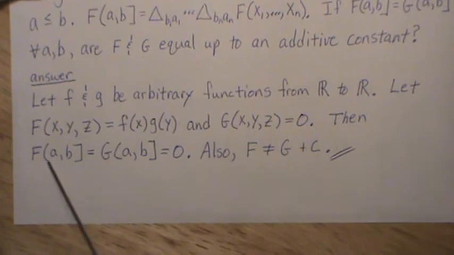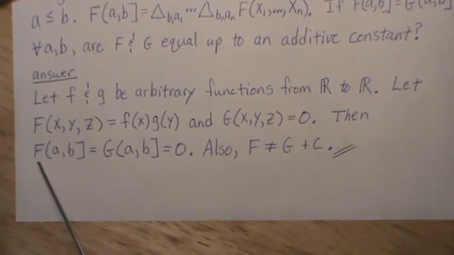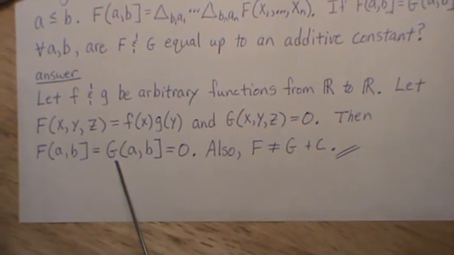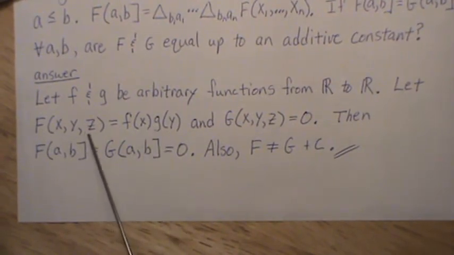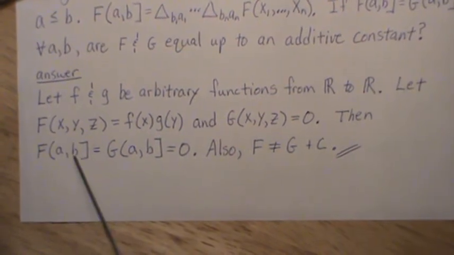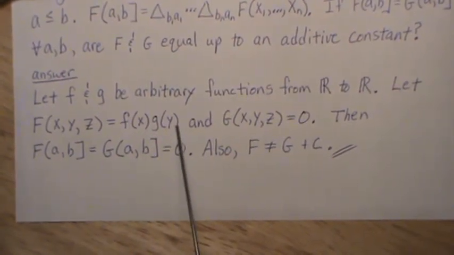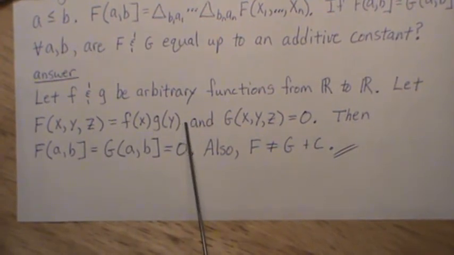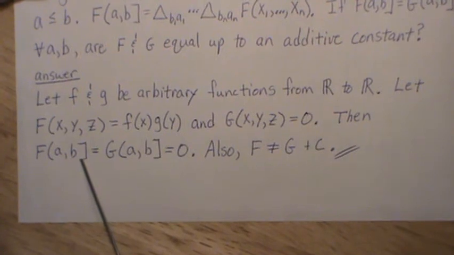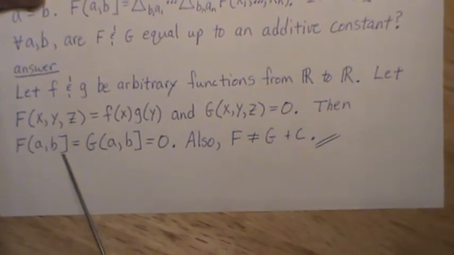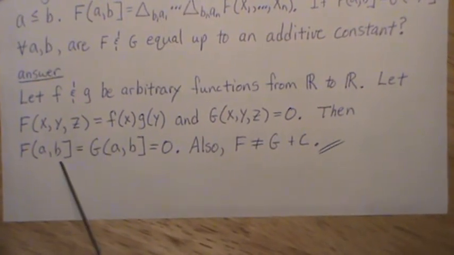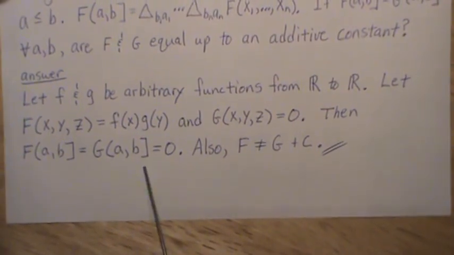Now then, the measure F of (a, b] is equal to the measure G of (a, b], because this is a difference operator in every component. But since that third component can freely range, the difference of that third component ends up being 0. And I'll let you go through that as a homework assignment. And so this measure is 0. And this is always 0.